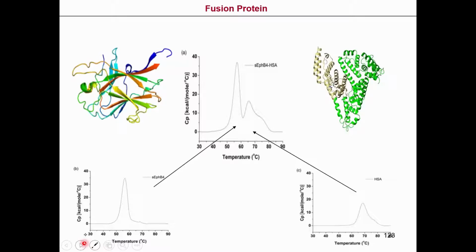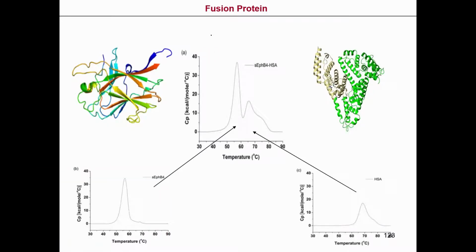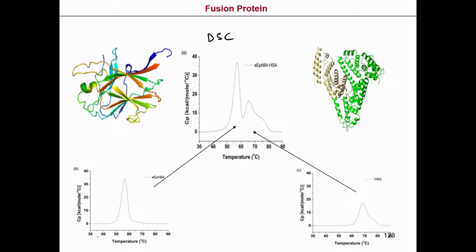So in this graph, you can see the DSC experiment of the fusion protein. We observe different transitions: 1, 2, 3.